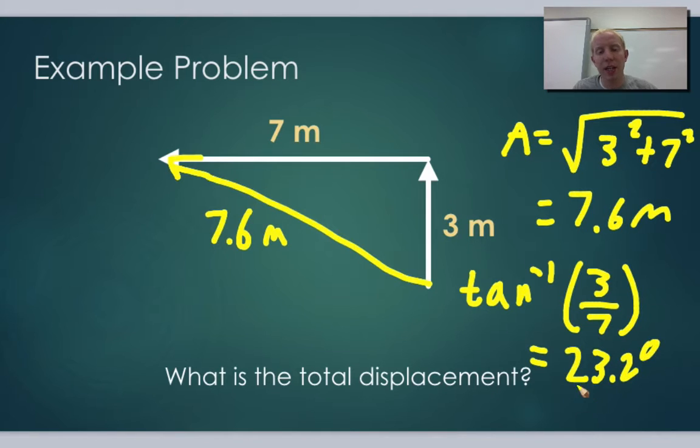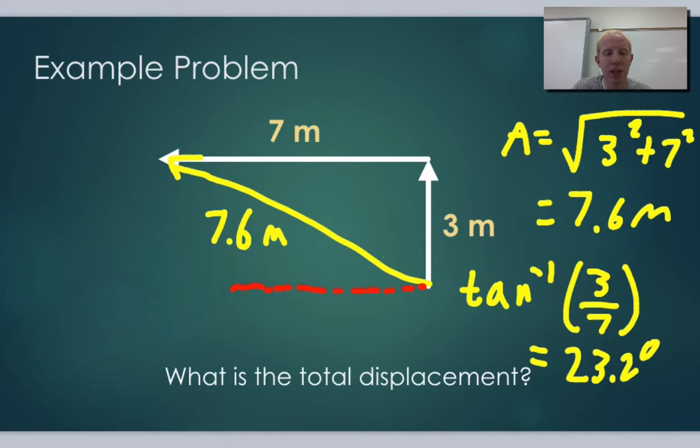Because, like I said, by convention, we always reference from the x-axis. So a lot of students will say, oh, this angle right here is 23.2 degrees, okay? But that's wrong. That is not the angle we just found by using the tangent inverse. What we just found was the angle in reference to the x-axis, right?